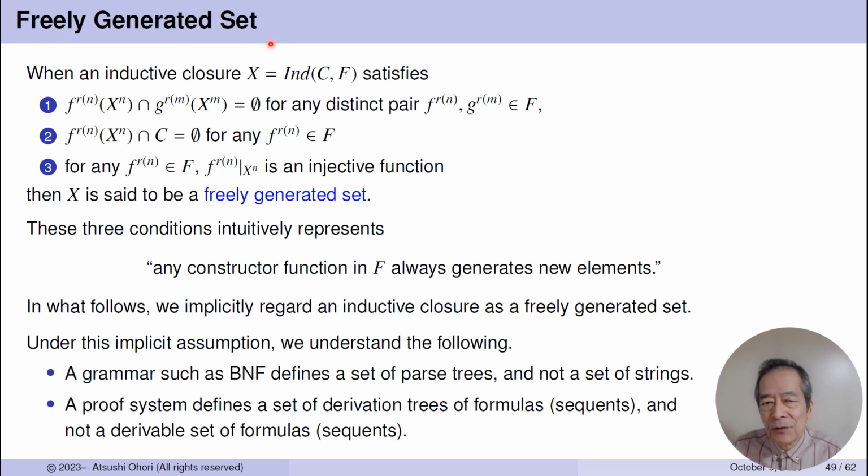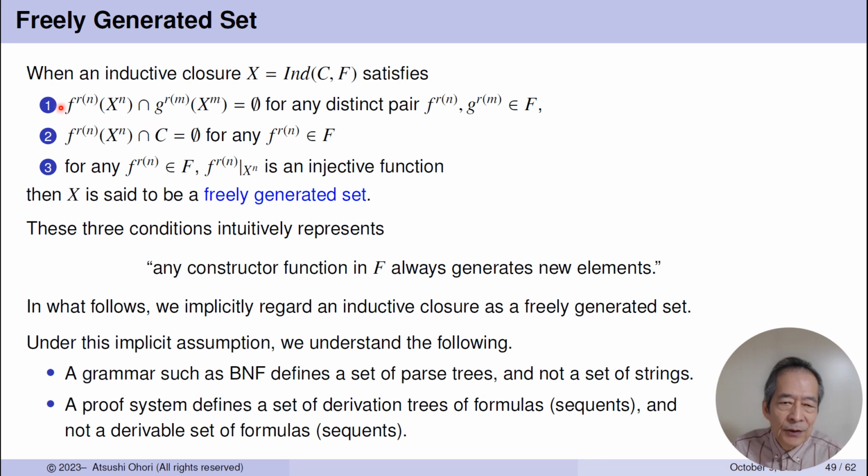This is a restriction on inductive closure. When an inductive closure named X satisfies the following three conditions. First, this intersection is empty for any distinct pair of two elements in F. This is the first condition, right?